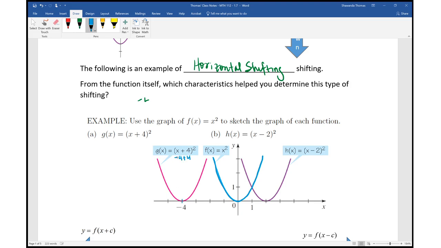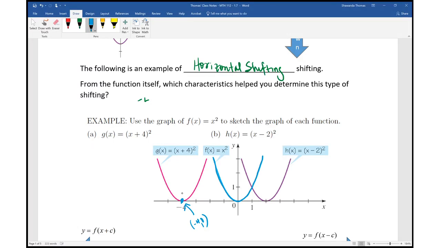And that definitely works because at -4, if you plug -4 in, you will get 0 squared. And that is the point -4, 0. So when we plug in -4, we do get 0 as our y. So we definitely have a point right there on that graph.